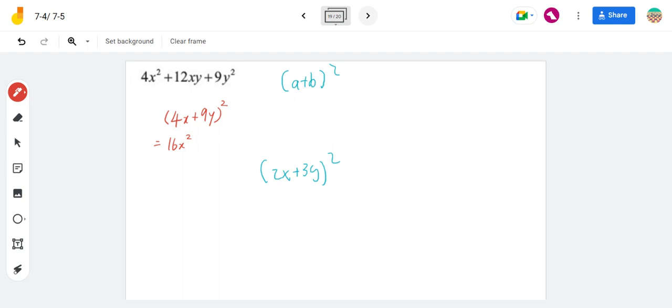So the 16x squared is wrong, it's not the same. You should see that the 4x squared can be written as (2x) to the power 2, and this one is (3y) to the power 2, and this 12 is 2 times 2x times 3y.